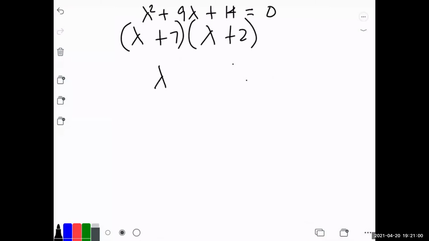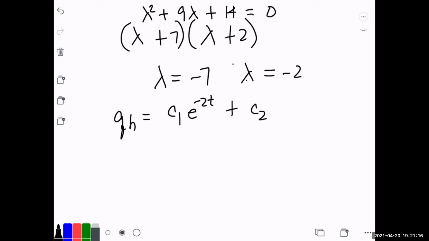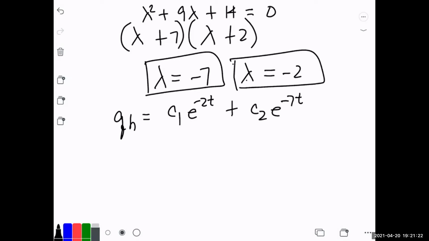So lambda is negative 7 and lambda is equal to negative 2. So our general solution to the homogeneous equation would be q of h equals C sub 1 e to the negative 2t plus C sub 2 e to the negative 7t. So we apply these two lambdas into the homogeneous equation form.